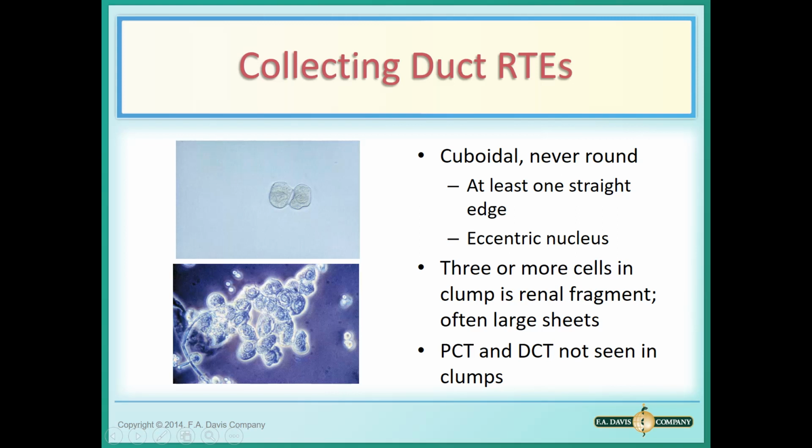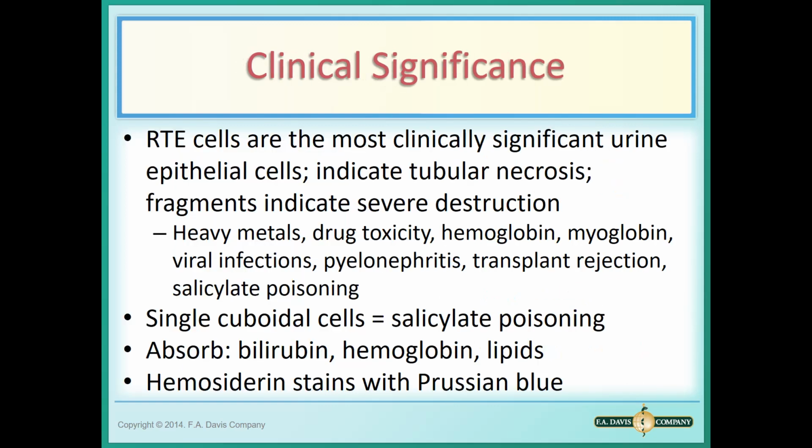This is an example of that clumping, that renal fragment, where we see sheets of cells coming out. This is clinically significant as well. We only see this in those collecting duct renal tubule epithelial cells, not from the PCT or the DCT renal tubule cells.